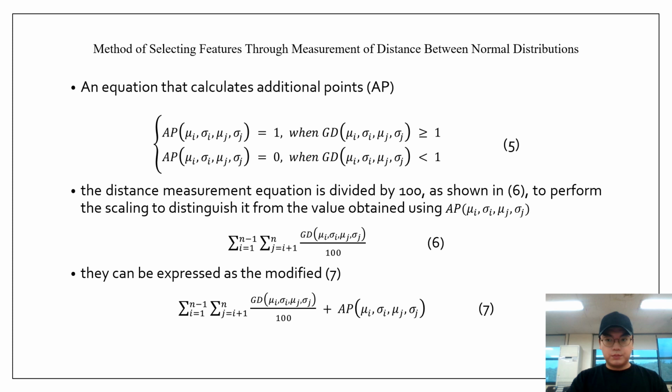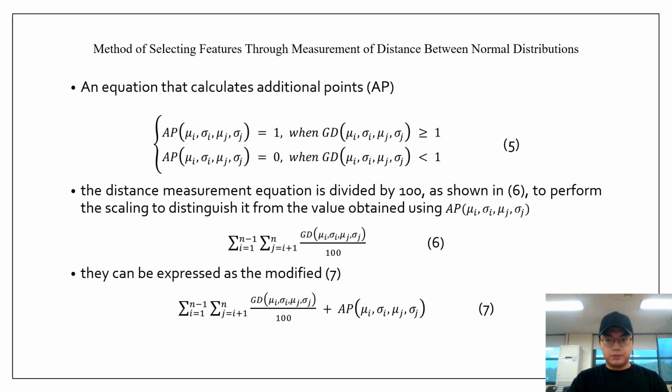If the result value of GD exceeds 1, the distance measurement equation is divided by 100, as shown in equation 6, to perform the scaling to distinguish it from the value obtained using AP.